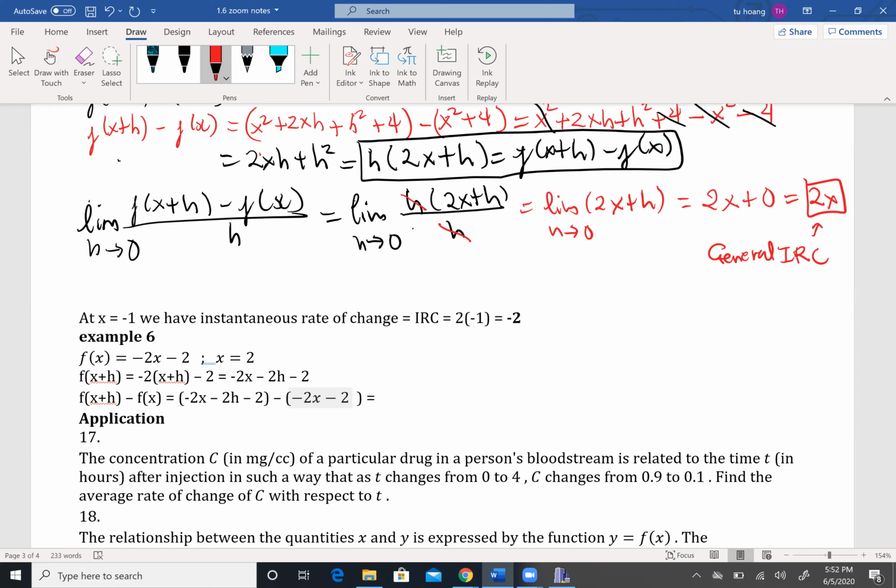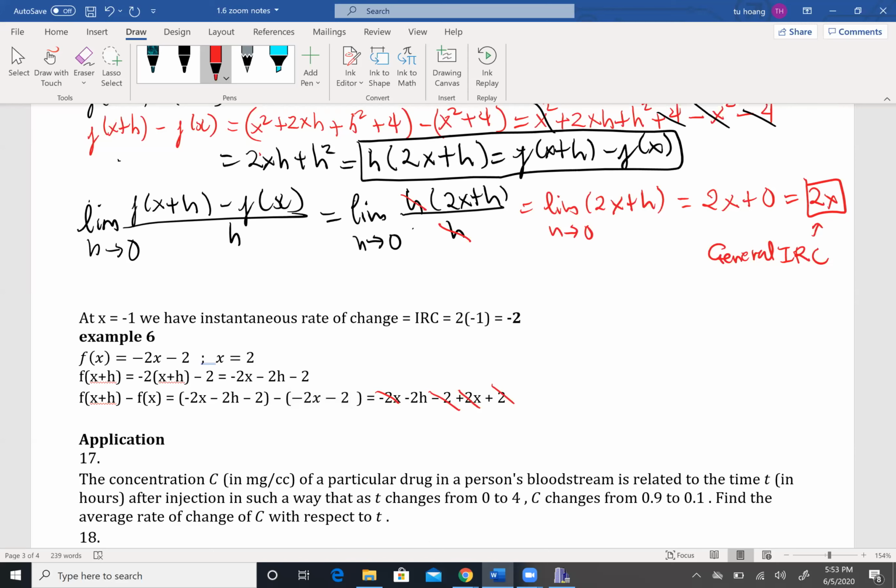By opening the parentheses, I have -2x minus 2h minus 2 plus 2x plus 2. And you can see that the -2x and positive 2x are gone, -2 and 2 is gone. Always, you should know that the terms without h will be gone after you simplify.